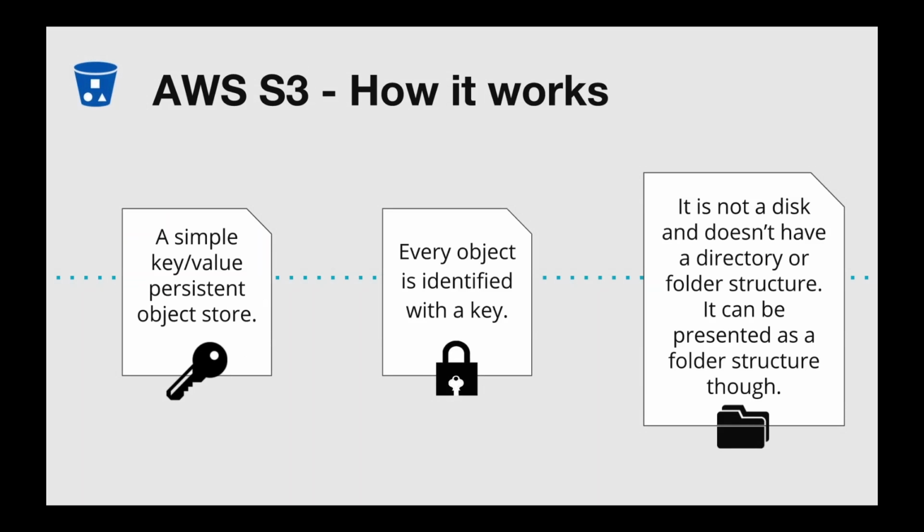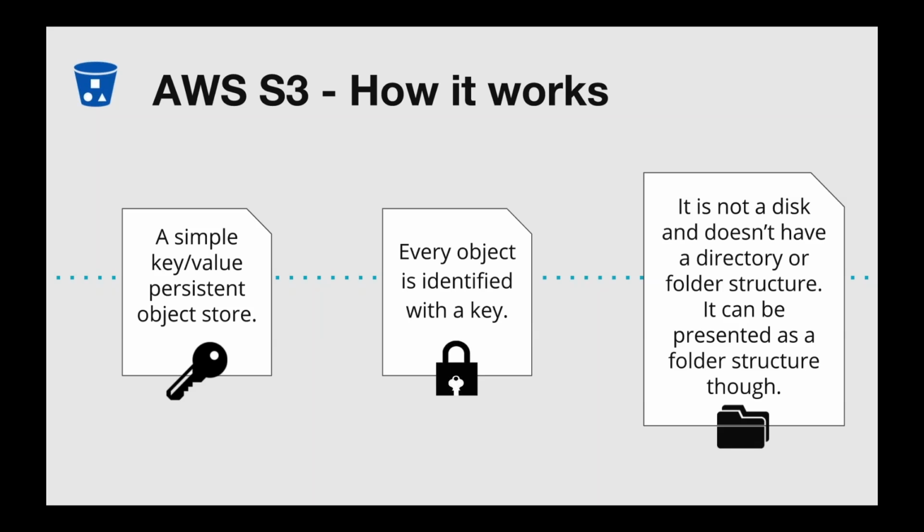So how it works, every object that you put into S3 is identified with a key. And it does look like a file-based storage system. That's how it's presented to you. But it's actually a key value persistent object store. And it's actually much more powerful. So if you view S3 just as a file storage system, you're missing a large part of its power.